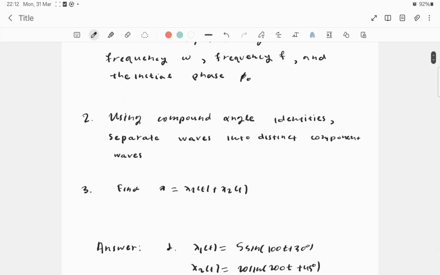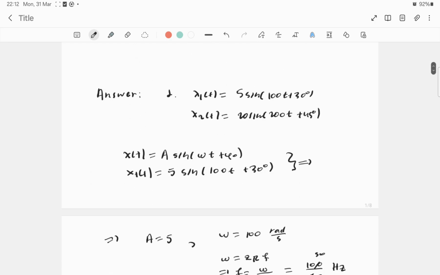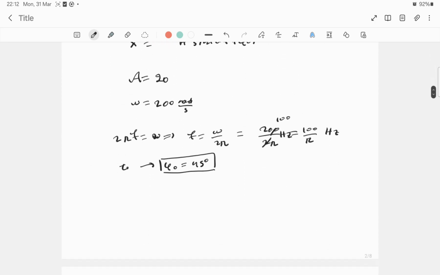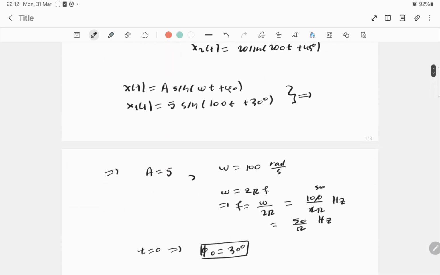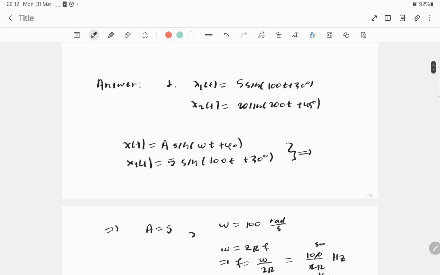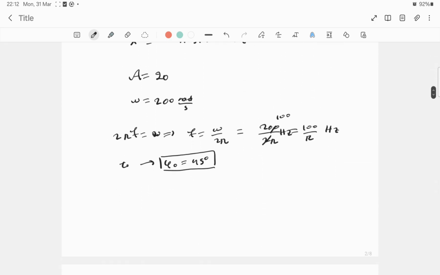Question number 2, we want to use compound angle identities to separate waves into distinct components. So we have that x1 of t equals 5 sine(100t + 30).